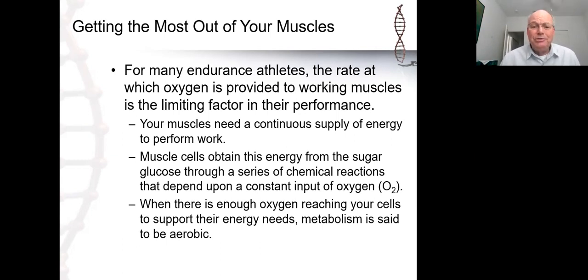But in the absence of oxygen, or in reduced amounts of oxygen, if there was an absolute dependence on oxygen, that would not turn out well, because it would mean that our cells would no longer be able to function. So there are alternative ways for cells to function, and this is true of your muscles as much as it is of other cells in the body and cells in other organisms.